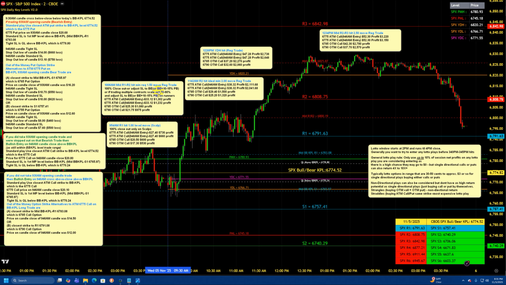The other thing is that if you don't want to adjust your stop loss, so either 100% closeout or adjust your stop loss on all of your contracts, so you're either closing out all of your contracts or adjusting your stop loss on all of your contracts, or if trading multiple contracts, then scale out, meaning closing out 70 to 90% of your contracts, and then adjust your stop loss on the remaining runners.